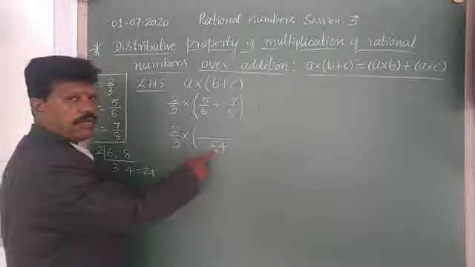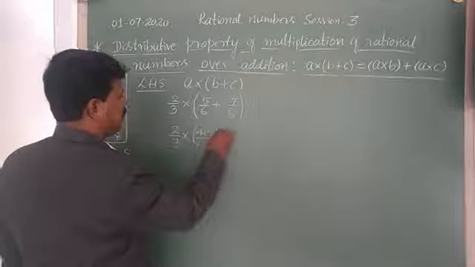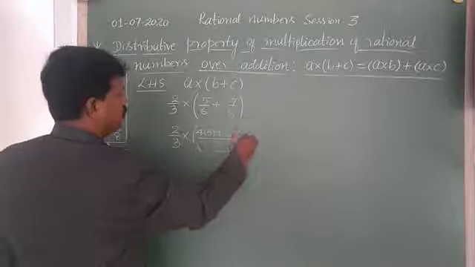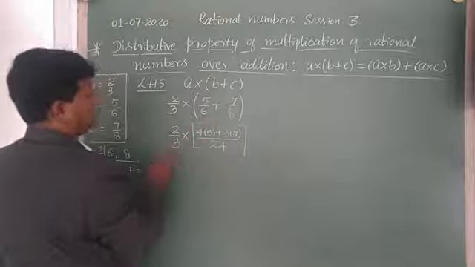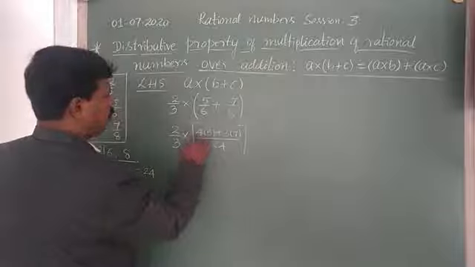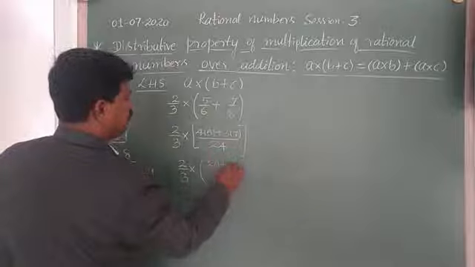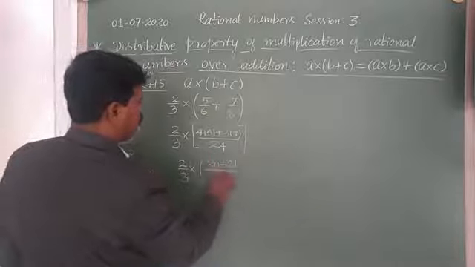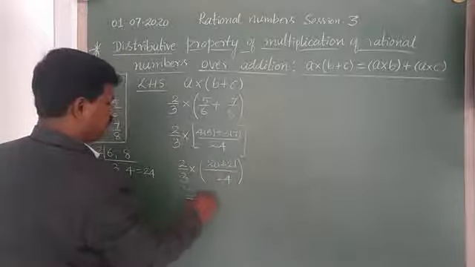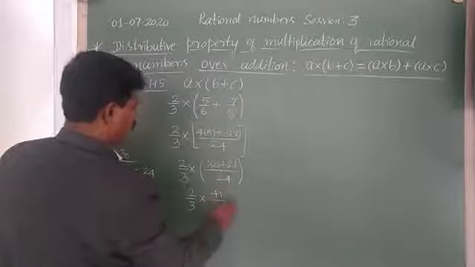Now as you are taking the LCM like this, divide this 24 by 6. 6 divides 24 how many times? 4 times. So 4 times 5 plus 8 divides 24 3 times, 3 times 7. This is the way we should do. Now 2 by 3 into, now 4 5s are 20 plus 3 7s are 21, whole divided by 24. Now this is 2 by 3 into (20 plus 21) is 41 by 24.